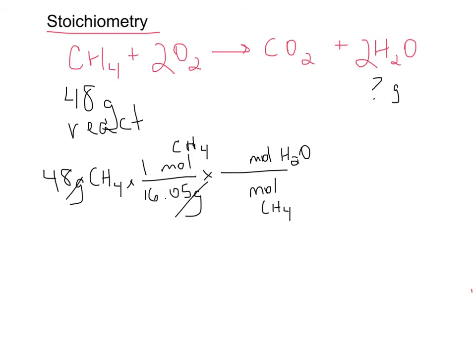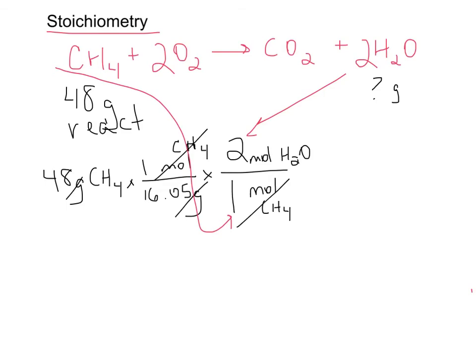Our mole ratio is 1 mole of CH4 reacts to produce 2 moles of H2O. Again, where did that come from? Right there, and the invisible one right there. Those are our mole ratios, and they come from our stoichiometric coefficients. So again, the ratio is 2 to 1 from H2O to CH4. I'm going to cross out my units there, and I'm in moles of H2O.